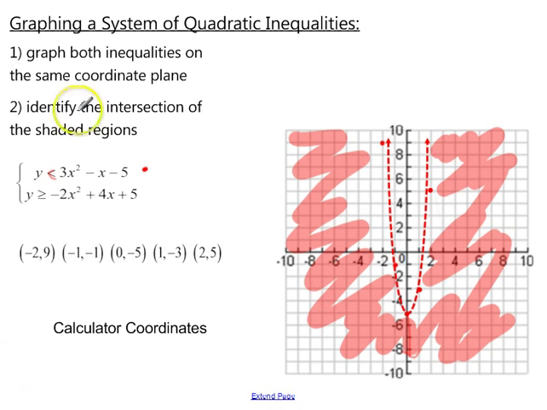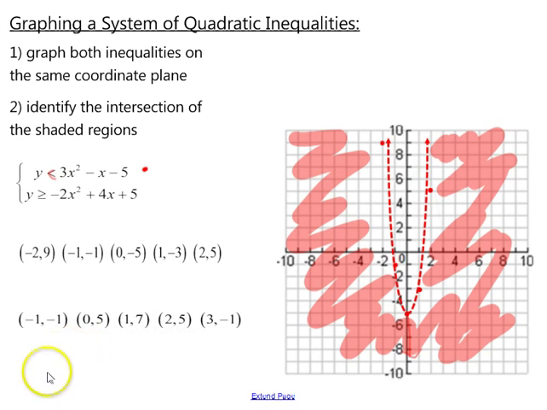Now let's go ahead and graph our other quadratic. Put this into the calculator, and then you're going to use your table to get the coordinates, and then we can go ahead and plot them. So we have (-1, -1), (0, 5), (1, 7), (2, 5), and then (3, -1).